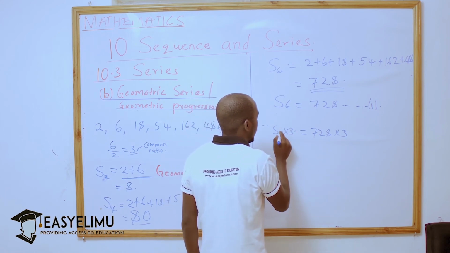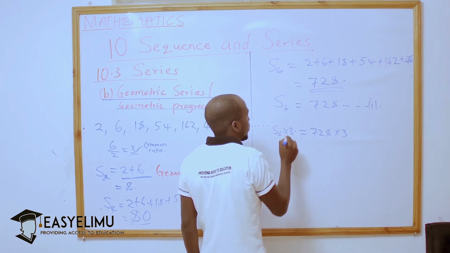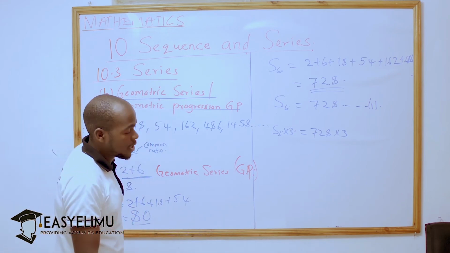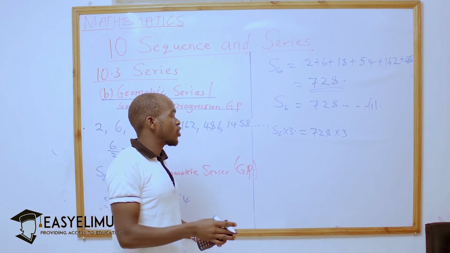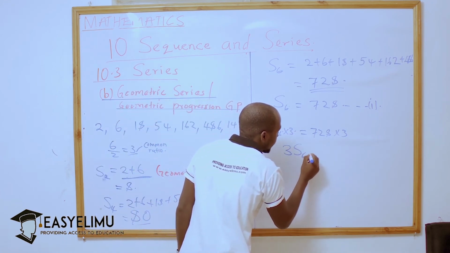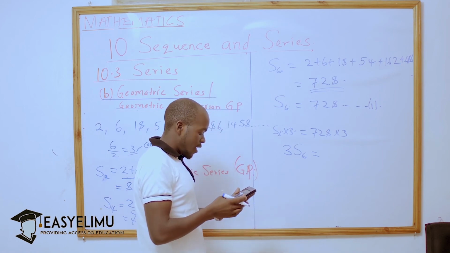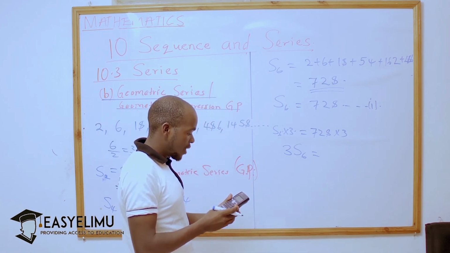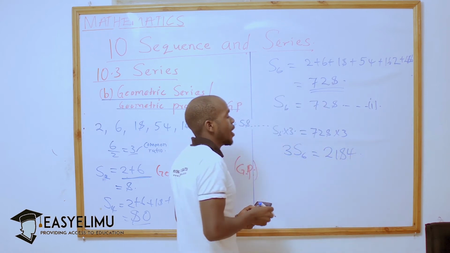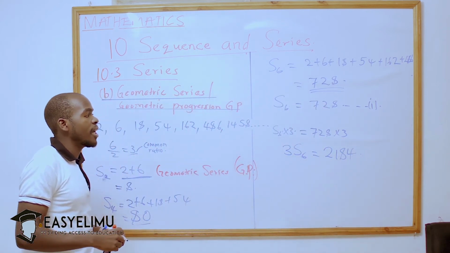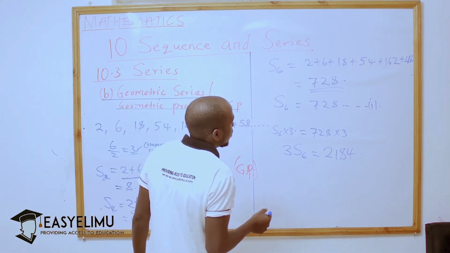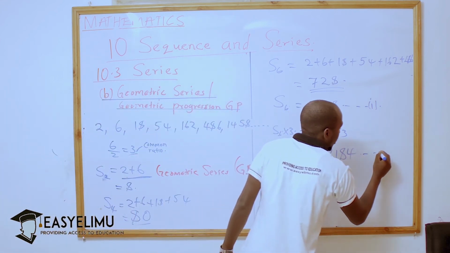S6 has subscript 6, meaning we are finding the sum of 6 terms. So 3 S6 is equal to 728 multiplied by 3, and you are going to get 2184.